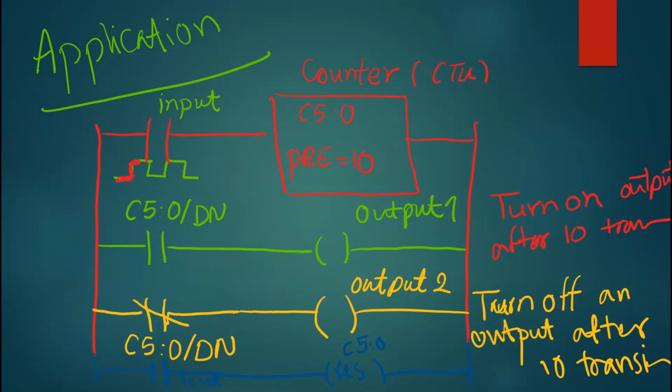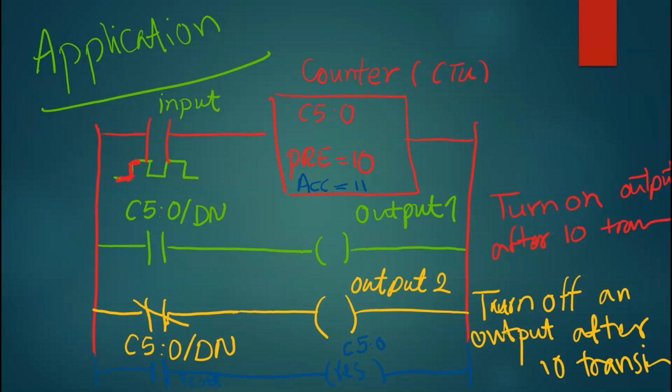Based on how many transitions the counter is looking at, it will turn on my output field device or turn off my output field device after 10 transitions. But what happens next? After 10 transitions, when the next transition is detected by my counter, the accumulator value will go up.